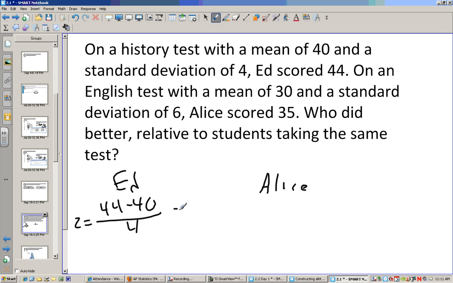So that would be 4 over 4, which equals 1. Alice scored 35, subtract 30, divide by 6, so she is at a z-score of 5/6. So relative to the other people taking the test, Ed did much better on his test than Alice did on her test.